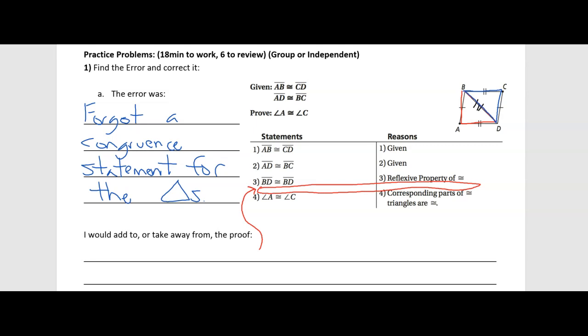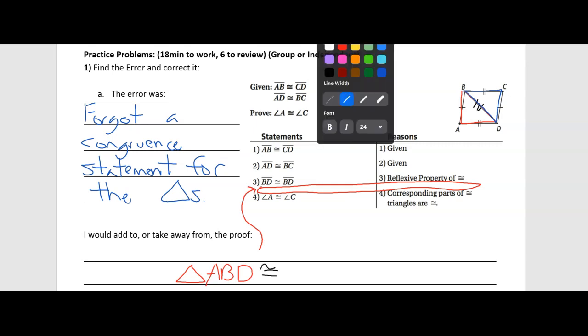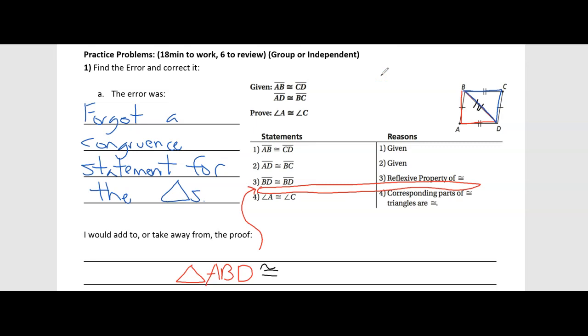So we would just need to make sure we match up those vertices correctly. For the red triangle, we'll start with A, B, D. And if I match that up correctly with the blue triangle, I'm going to get triangle C, D, B. And again, you can check that just to make sure the sides that are congruent match up in our congruent statement, but that would be the correct one.